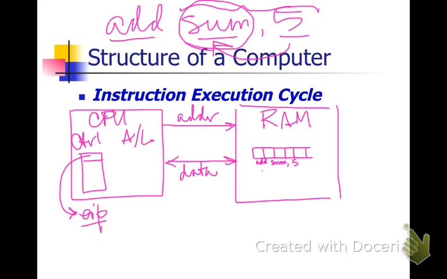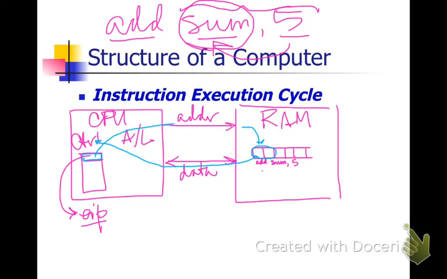So, what's going to happen in this example is I will find out what is in EIP and take that address, put it on the address bus, go out to that place in memory, read the next 2 bytes, bring those across the data bus to the control unit.